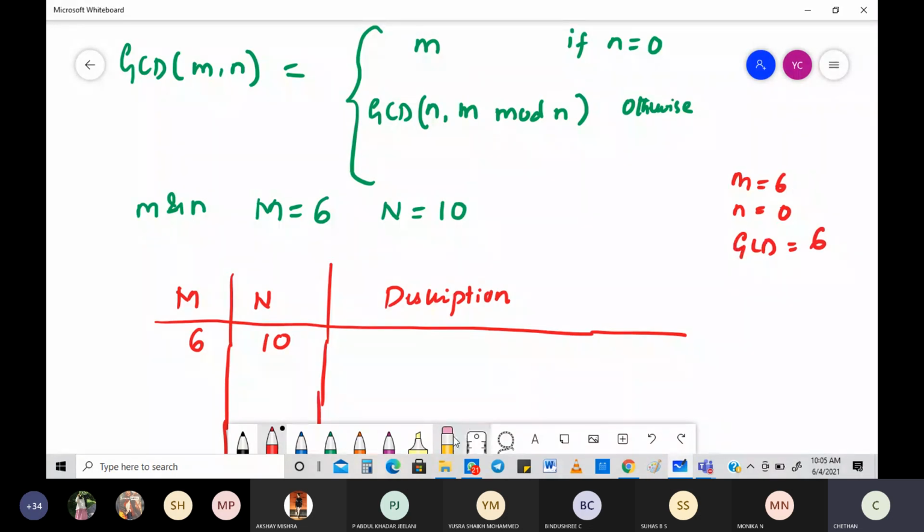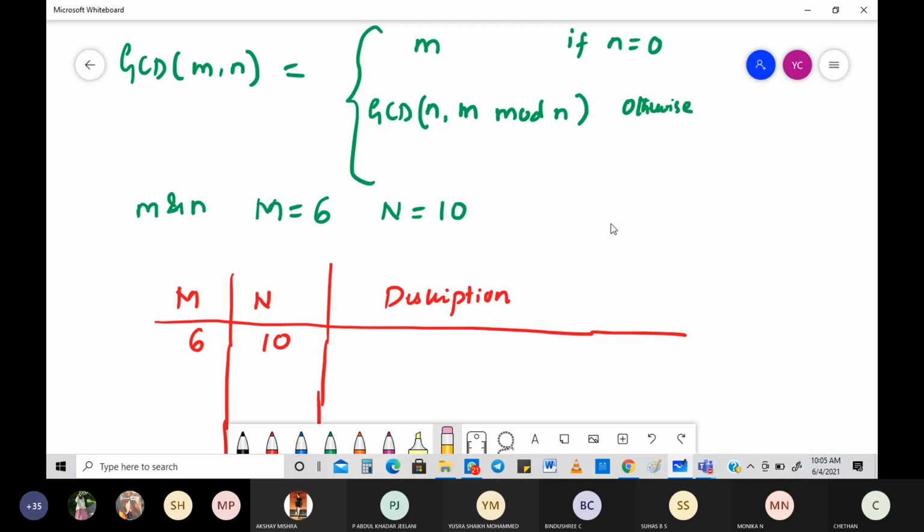The first condition is the simplest part, so that's not what we are worried about. We are worried about figuring out the GCD, and also knowing that at every step it is decreasing variably. That's the right word.